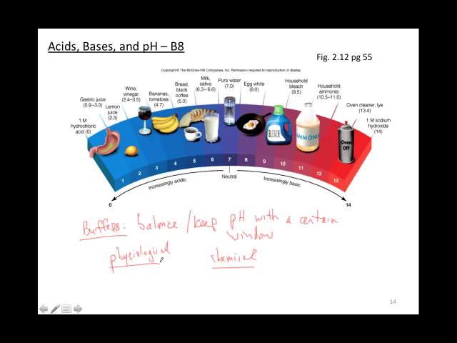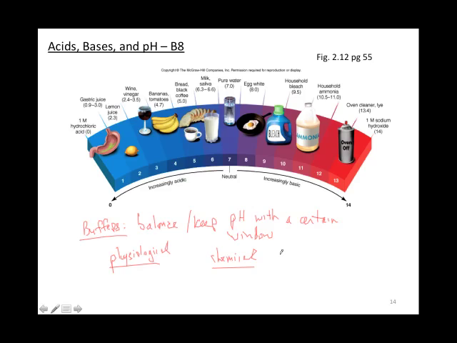Physiological buffers would be various processes that are working to keep the pH within a certain balance. For example, when your blood pH drops, your body can change your breathing rate to change the amount of carbon dioxide in your blood and thereby adjust the pH back to within that window. That's a physiological buffer. Chemical buffers would be chemicals that your body is releasing or using, or things that you're physically consuming that are helping to balance your pH.